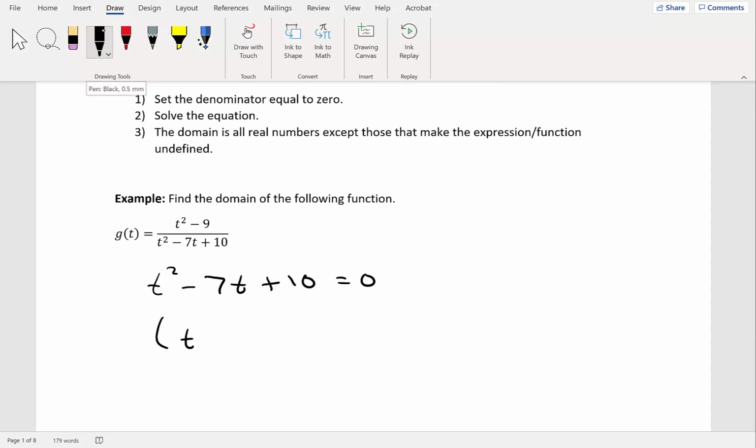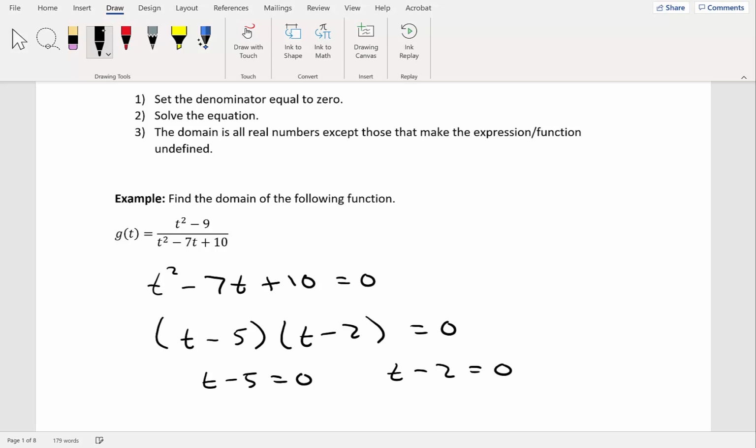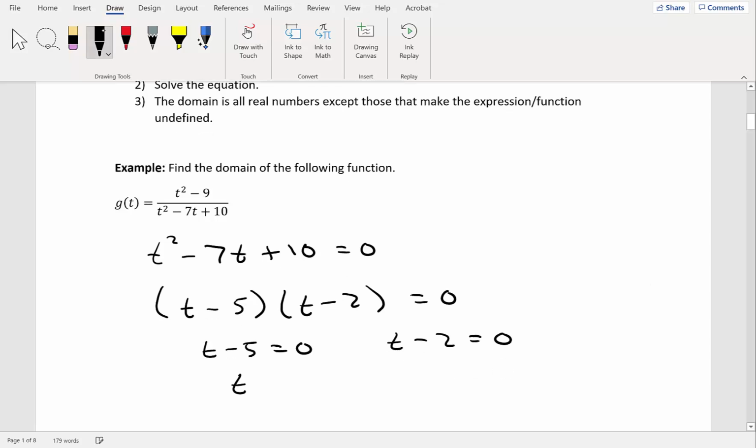We need two numbers that multiply to 10 and add up to -7. We could use t minus 5 and t minus 2. Then you set each factor equal to 0 and solve. So we get t is equal to 5 and t is equal to 2. These are the values that are going to make the denominator 0.